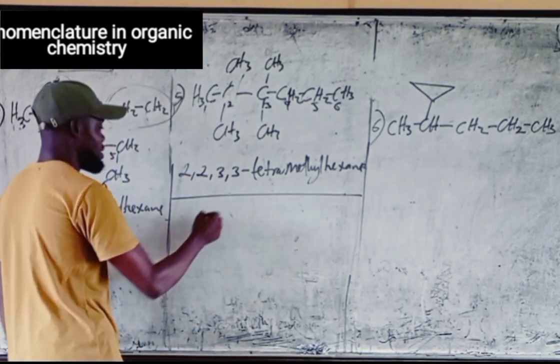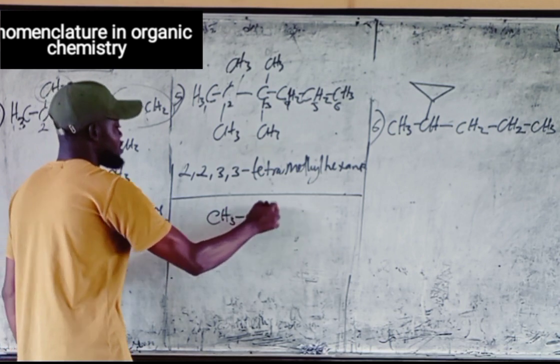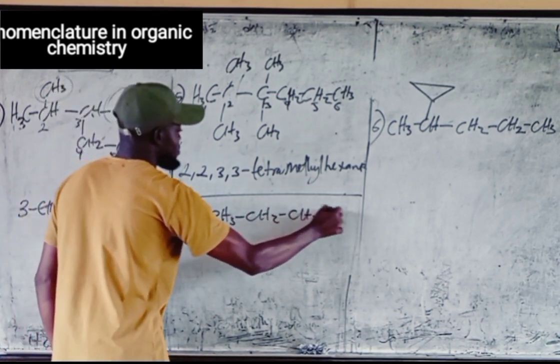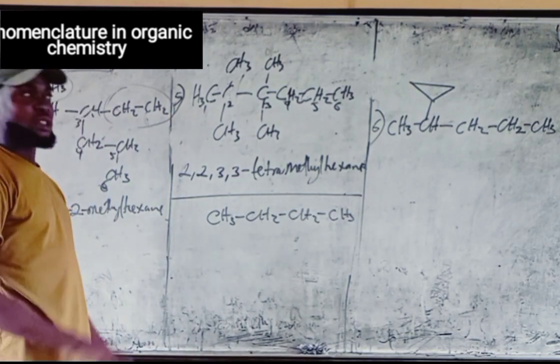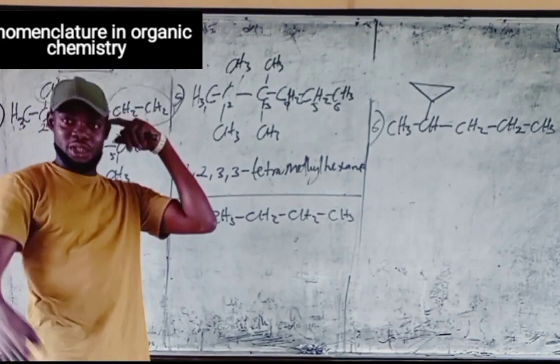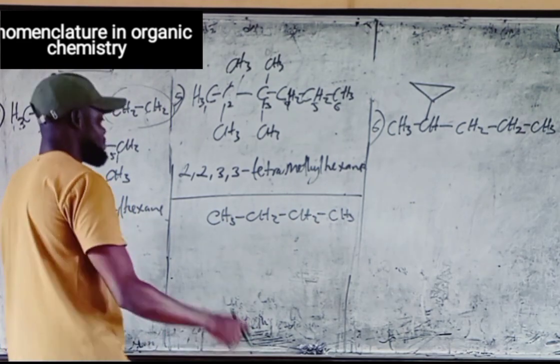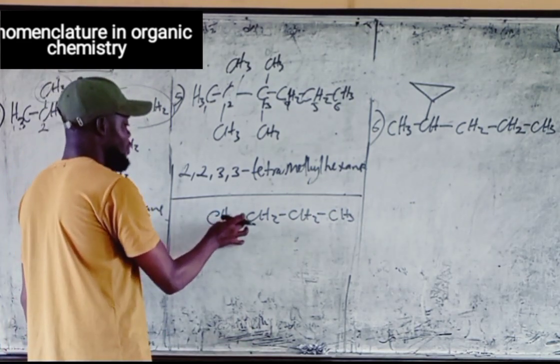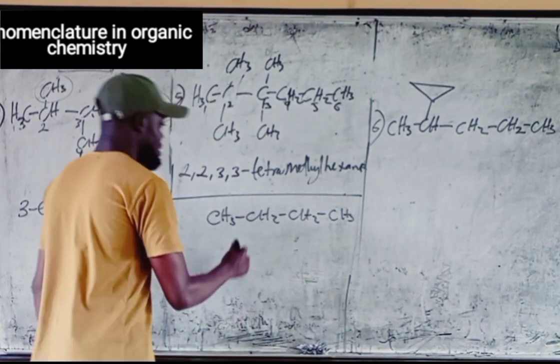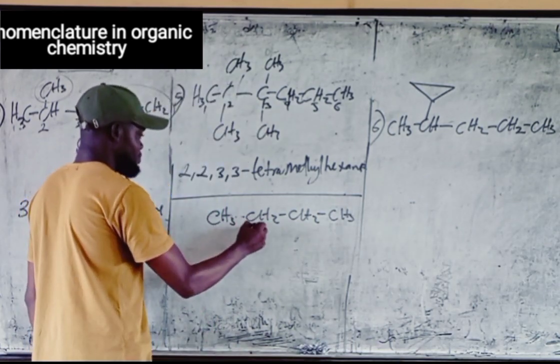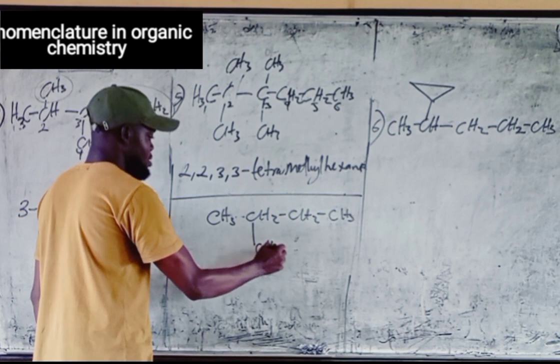We have something like CH3, CH2, CH2, and CH3. This is called butane, n-butane, that's normal butane, straight chain butane. Then, if I now use this butane to form a closed chain, everything will close. I'll bring this one here, so it will be CH2.